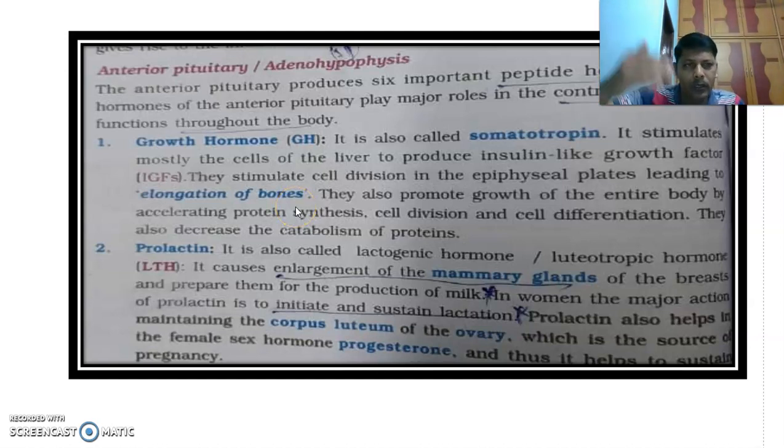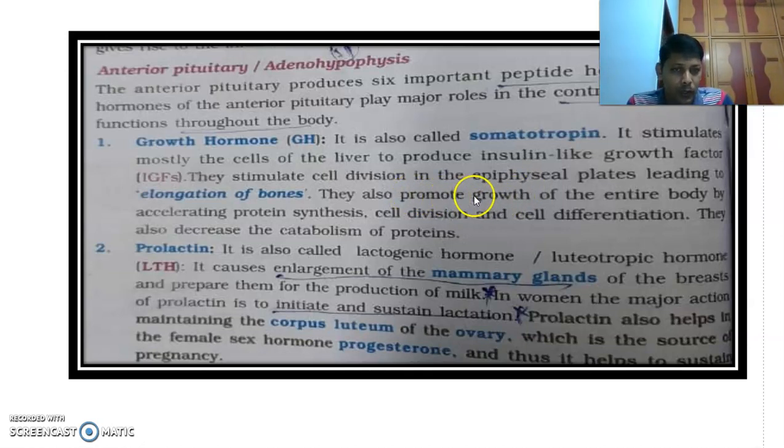Now you are growing, becoming taller and taller every year. You grow up to some age because in your leg there are long bones, and in those long bones there is an epiphyseal plate. In this epiphyseal plate the hyaline cartilage undergoes mitotic division and forms new cells. Therefore your bones become longer and you become taller.